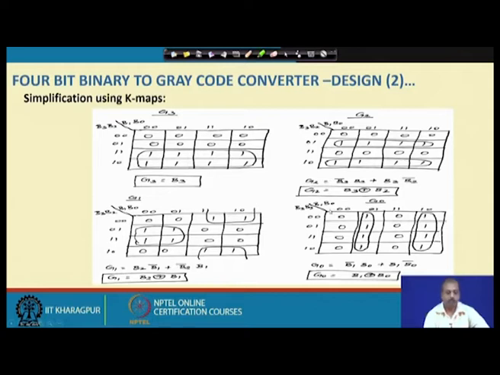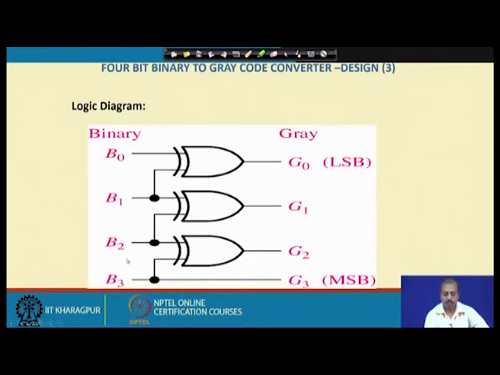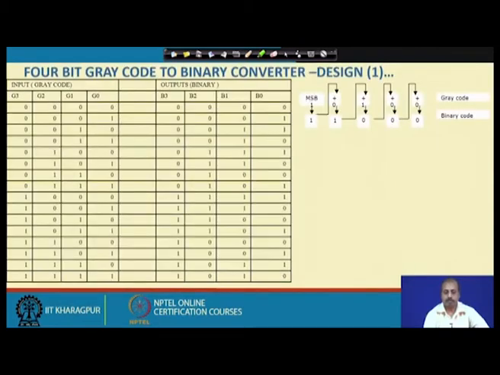G2 equal to B3 XOR B2, so B3 and B2 are XORed to get G2. Similarly, G1 is B1 XOR B2, so this is XORed here, and G0 is B0 XOR B1. So, that gives the LSB. This way you can have a very simple gray code converter using XOR gates.